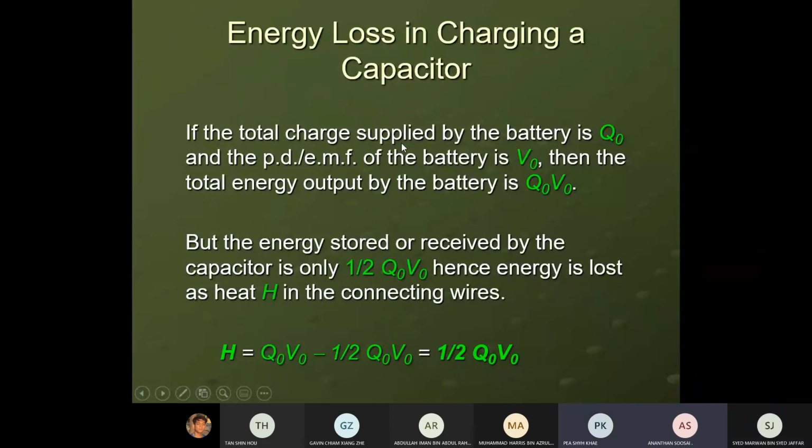If the total charge supplied is Q naught and the EMF of the battery is V naught, the battery releases Q naught V naught, but the capacitor stores half Q naught V naught. So half is lost, as heat in the connecting wire. Remember, they'll ask for reasons. What happened to the lost energy? Lost across the connecting wires as heat energy. That's the blame we do.